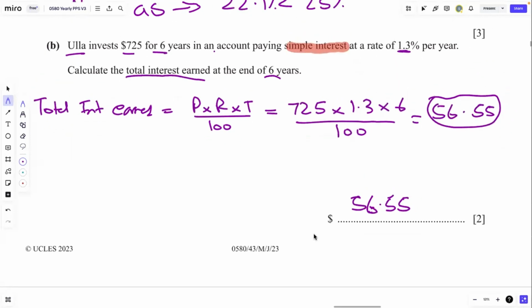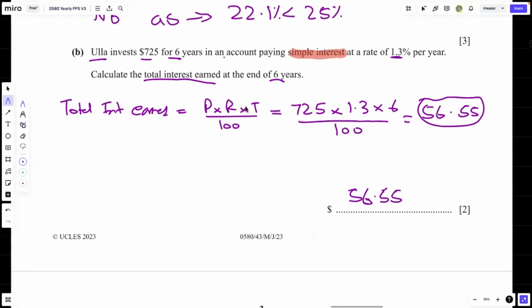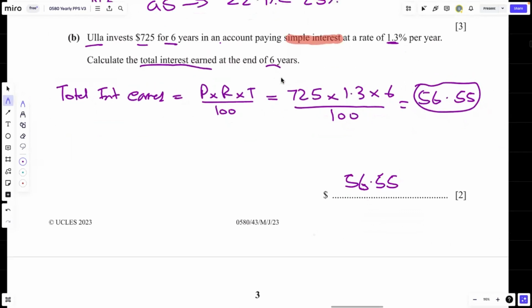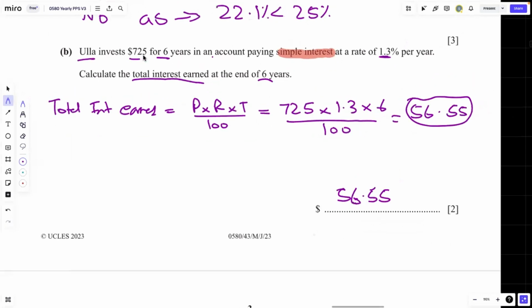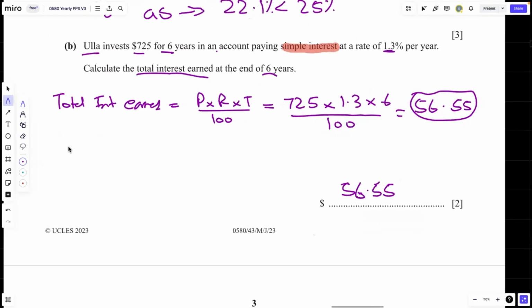For simple interest, you need to know that you use this basic formula, and the amount of interest remains the same every year, applied on the principal amount. Another way we could have done this manually, without the formula, was to take 1.3% of 725. It's the same thing, just another perspective.